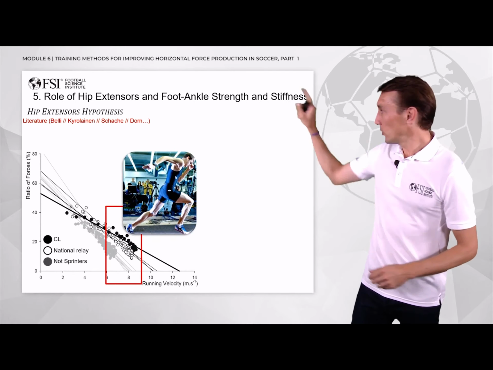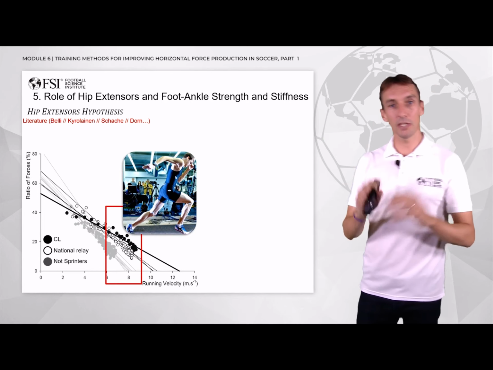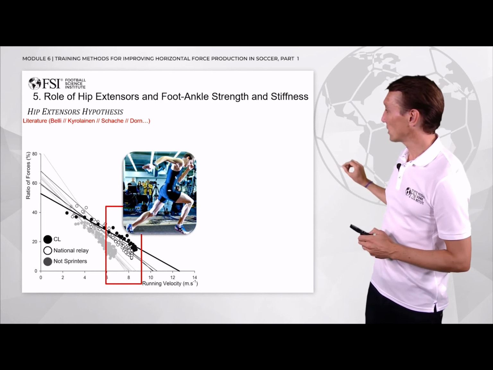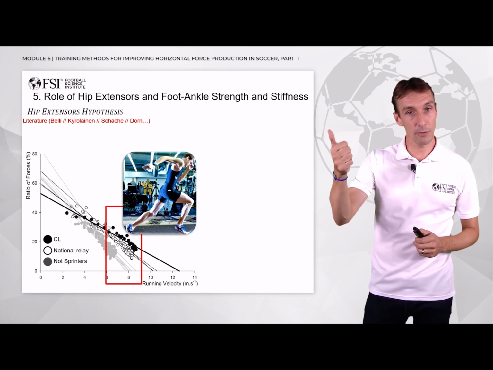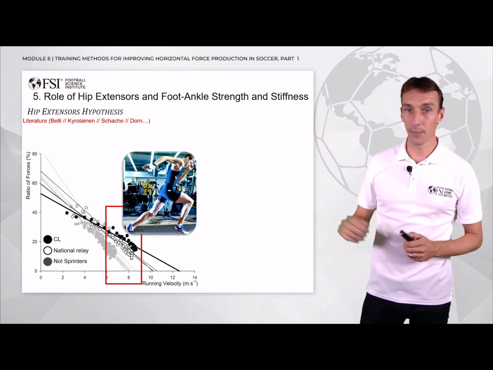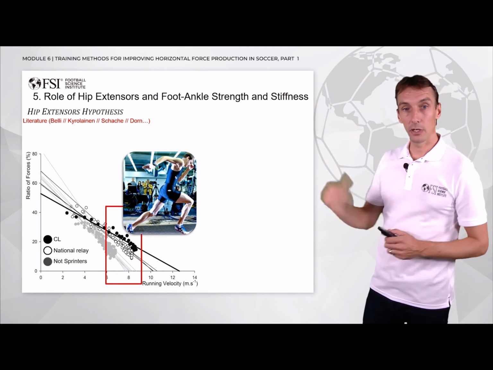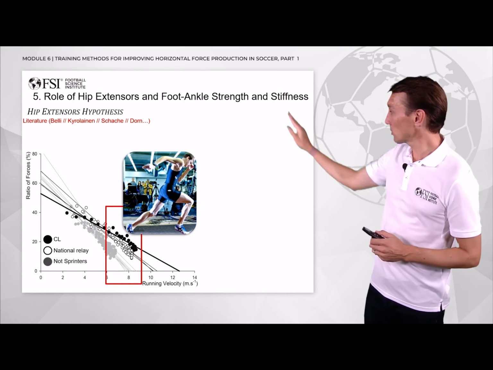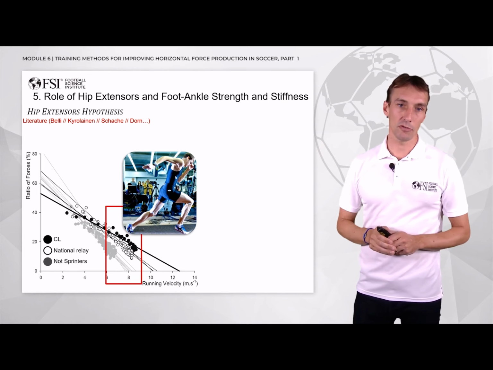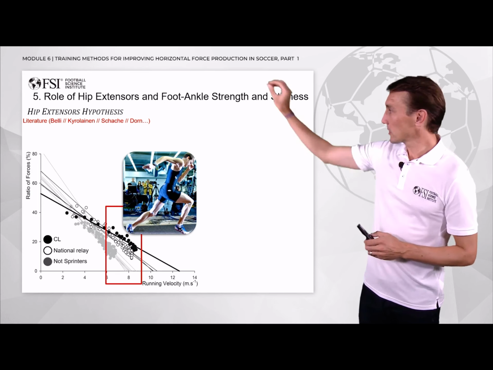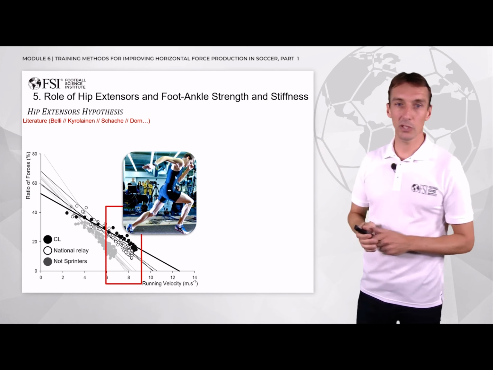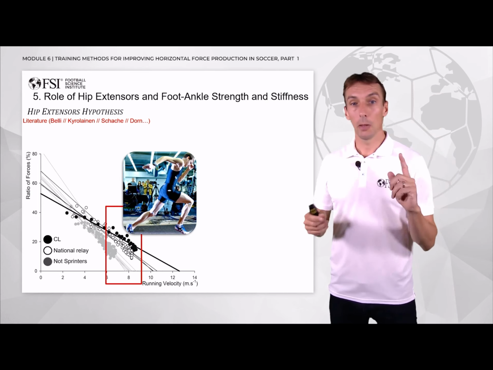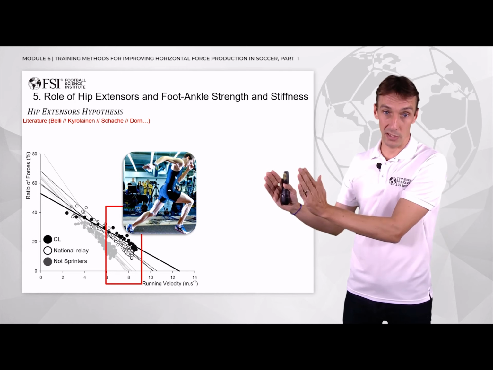Still, if you look at this graph, you see here the ratio of force decreasing between Christophe Lemaitre, the top-level sprinter, the national sprinters that we've tested, and the non-sprinters. What do you observe? Well, you see that the decrease in the ratio of force is better in Lemaitre because of what happens at high velocity.